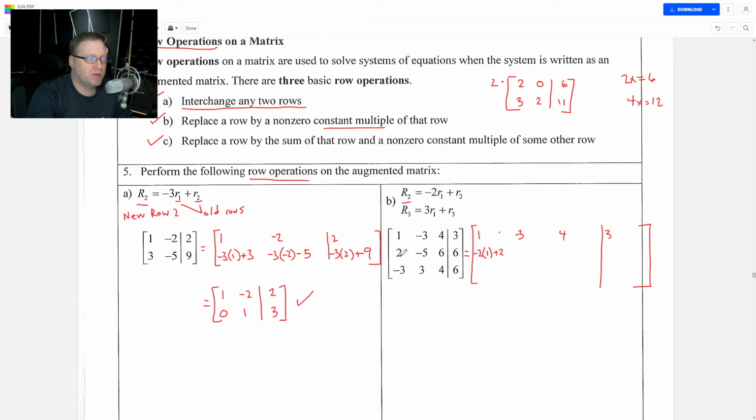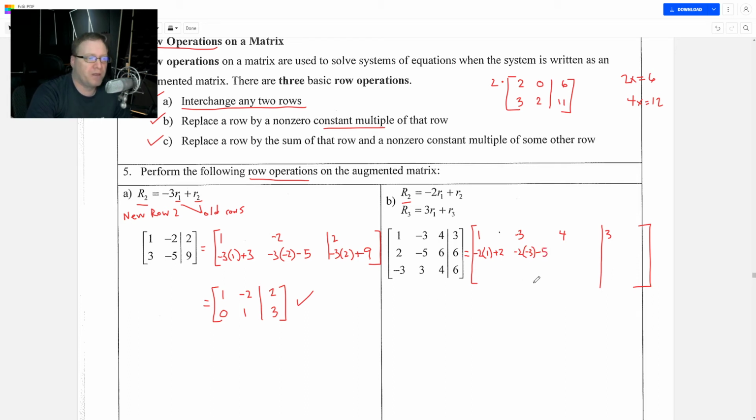Okay. Let's move on to this one. All right. This is going to be -2 times R1, which is the old first row, which is -3, and then plus the old second row, which is -5. So plus -5 is -5.